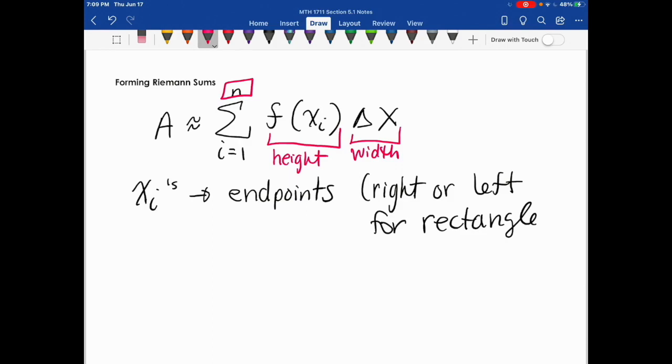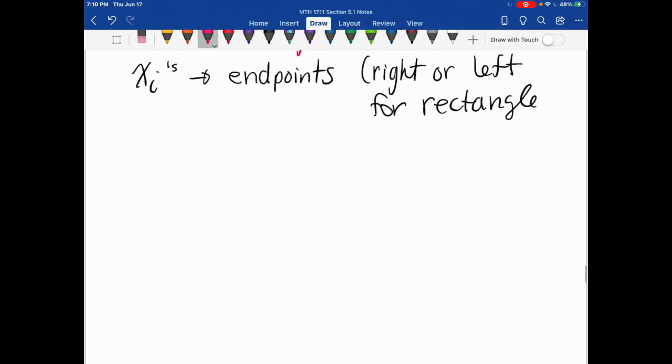This is what's called a Riemann sum, when you use the summation notation to add up your rectangles to approximate the area under the curve. Now, using the animation that I just showed you, we could see that as the number of rectangles got bigger and bigger and bigger, the width of the rectangles got smaller and smaller and smaller, and it gave us a better and better approximation.